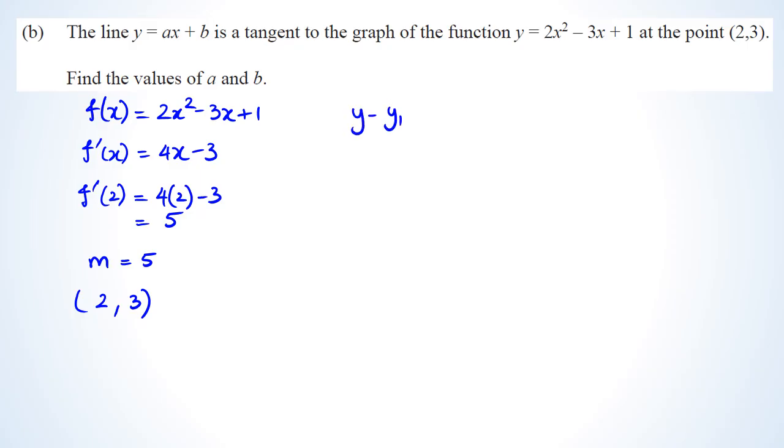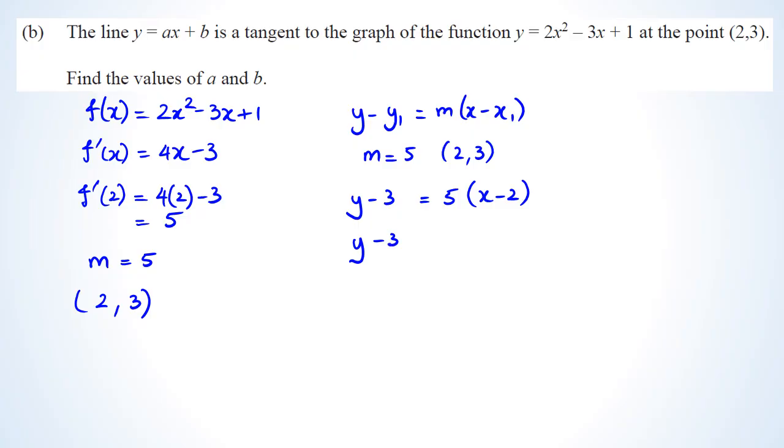So we've got y minus y1 equals m times x minus x1. Our gradient is 5, and the point is (2, 3). So what we have is y minus 3 equals 5 times x minus 2. Expanding this out, we get y minus 3 equals 5x minus 10, and y equals 5x minus 10 plus 3.